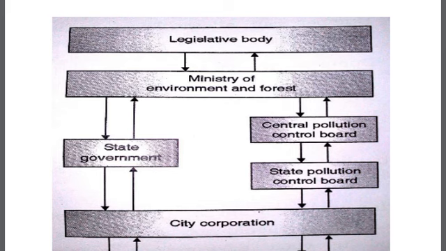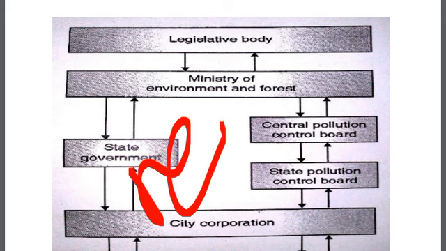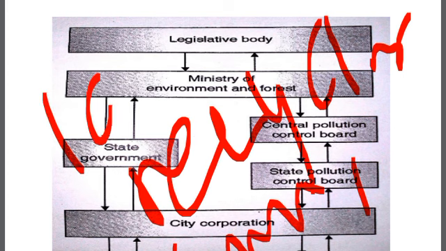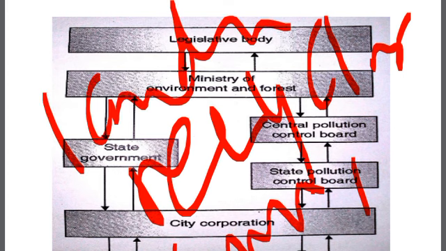City corporation also provides waste management services such as recycling, composting. There are different methods of composting: indoor method, Bangalore method, vermicomposting, mechanical method, sometimes landfilling, area method, trench method, valley method, ramp method. These are the methods of disposal of solid waste.